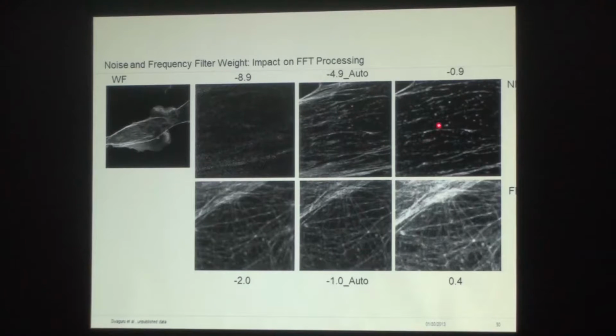This is just the opposite on the other end. And with the frequency filter, this is the optimally processed image, and with the -2, you can see that it becomes more fuzzy, smooth, and highly over sharpened image. What you get.